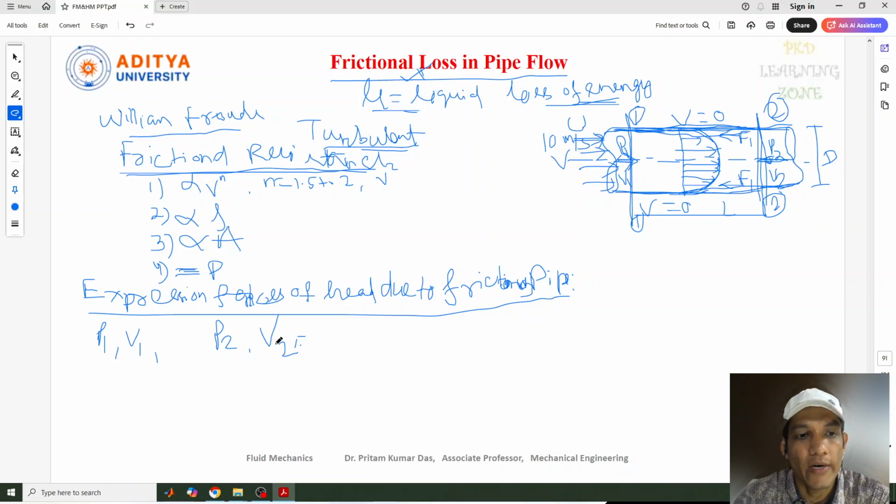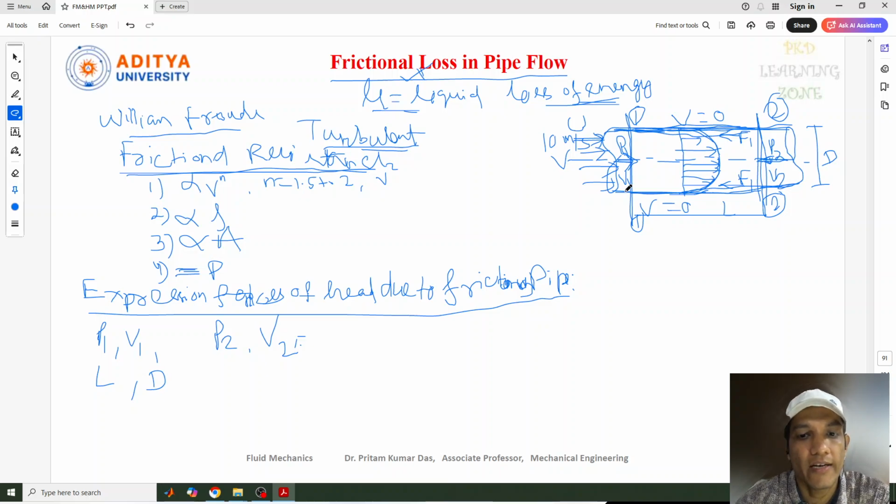Along with that, we need to consider other terms, like the length of the pipe between section 1 and 2, not the total pipe length, only in between section 1 and section 2. Similarly, the diameter of the pipe.